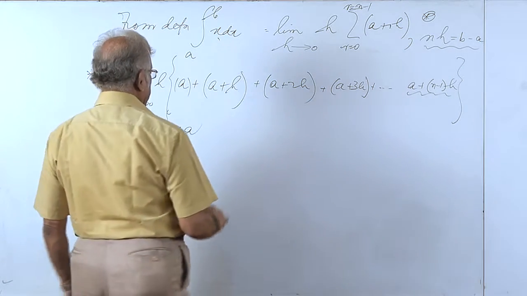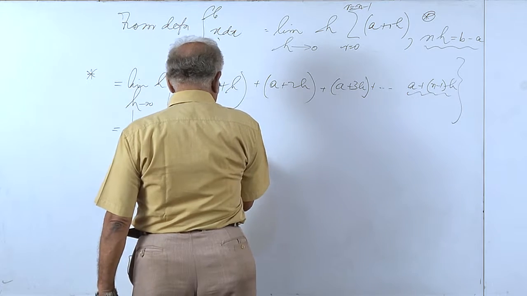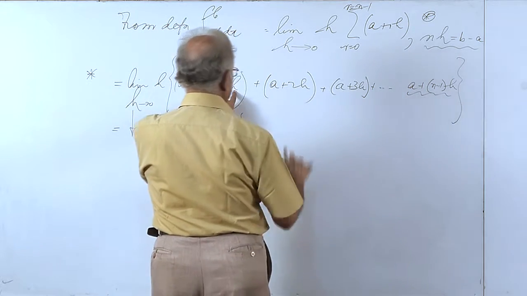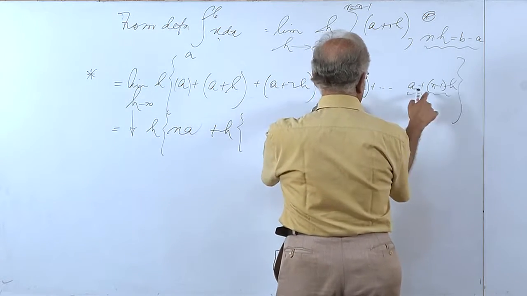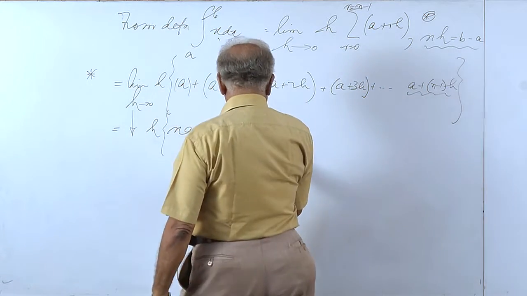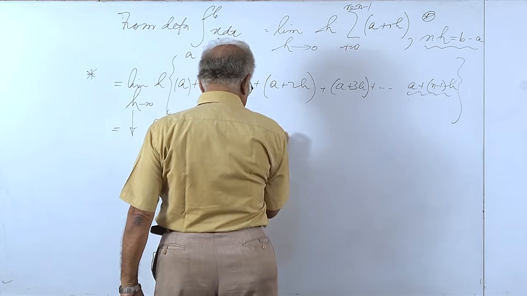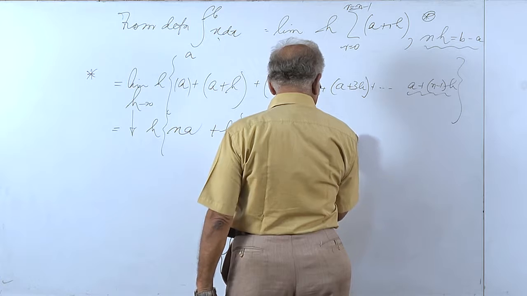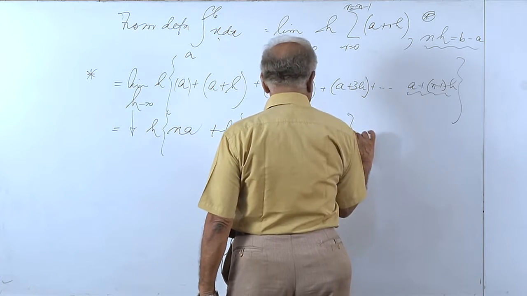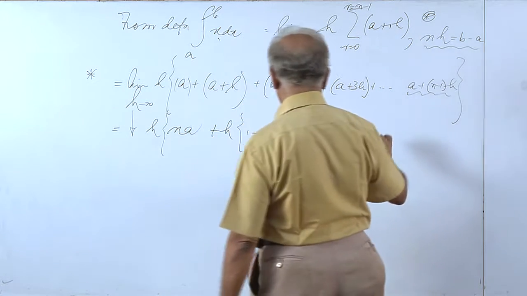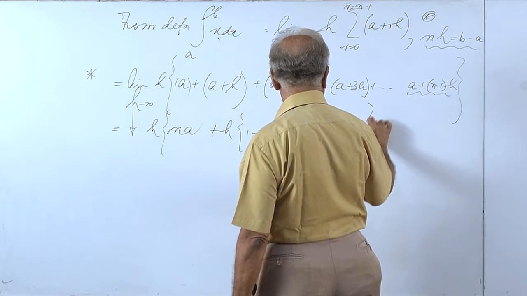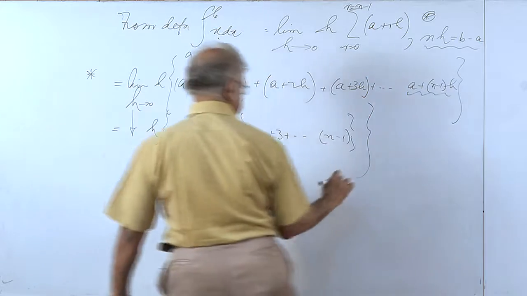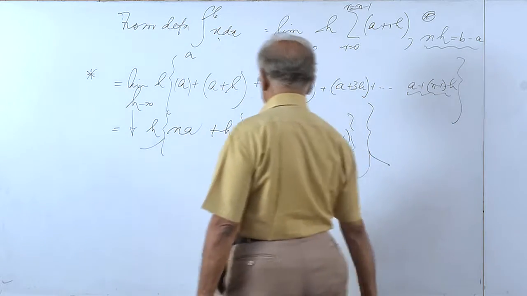Fine. Then if we put an h as common, there is a 1h, a 2h, a 3h, so 1 plus 2 plus 3 all the way up to n minus 1. So many h's. And this we can put in larger brackets. This is the starting, this is the ending.